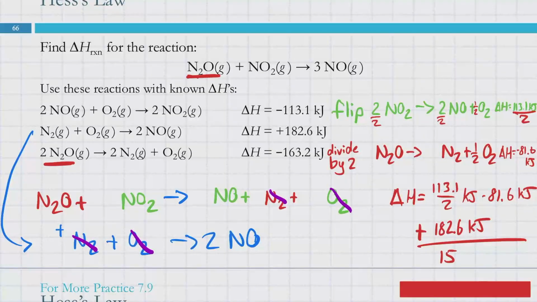The answer is 157.55. We'll round that up to 0.6 kilojoules.